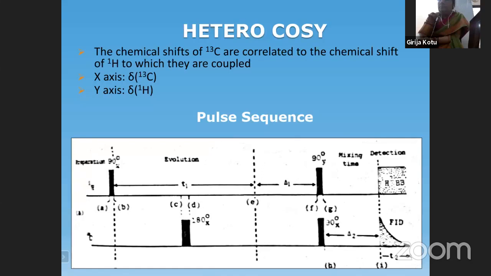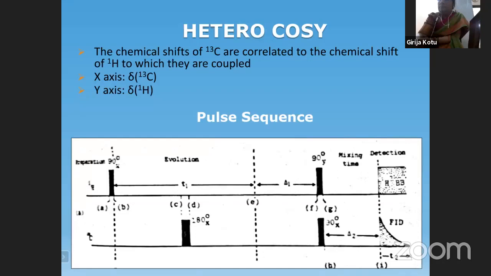For reference, we are going to show C13 NMR on the x-axis, and on the y-axis we are going to show the proton NMR. But always the conventional C13 NMR, which is shown here in 2D NMR for our reference, is just decoupled. Decoupled spectrum means we are not going to show the coupling information. Only carbons are seen as singlets because they are decoupled from protons.